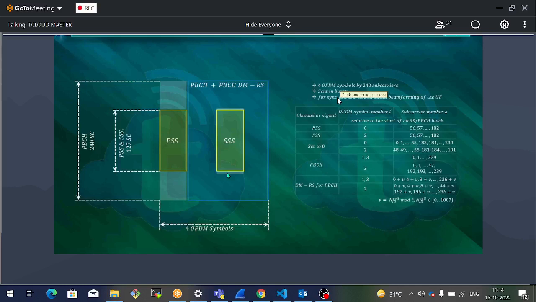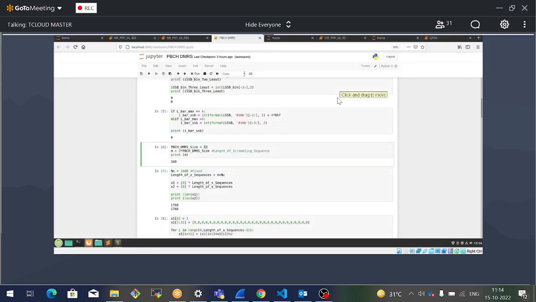In this SSB block, it is clearly explained how many symbol positions PBCH occupies, and how many PBCH DMRS occupies. I counted all these symbol positions and found the number that I have taken as the input there, 84. So that means we need to generate your PBCH DMRS sequence as 84 QPSK symbols.